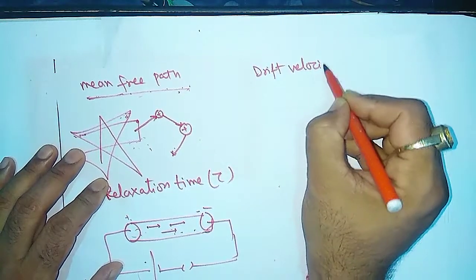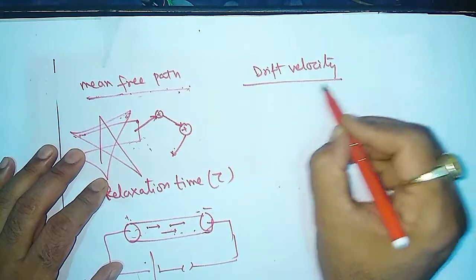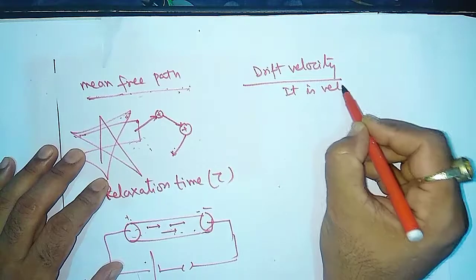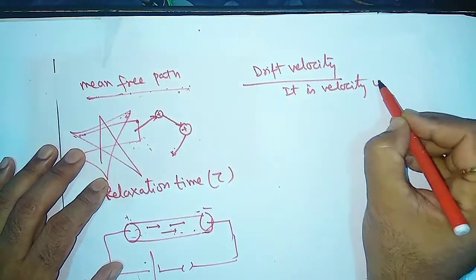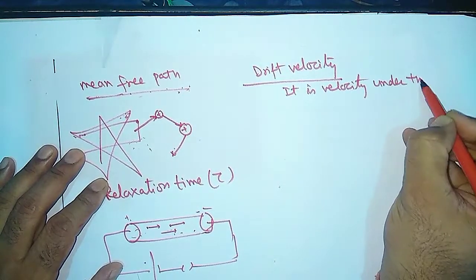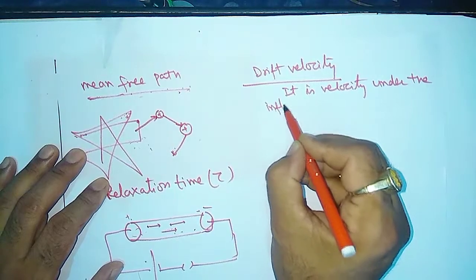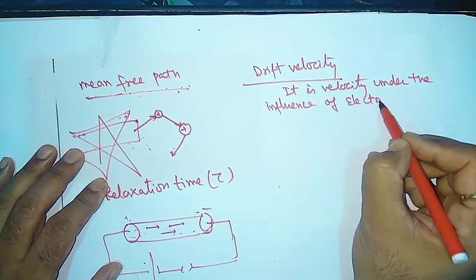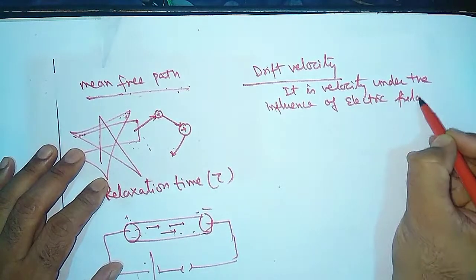So drift velocity is the velocity under the influence of electric field.